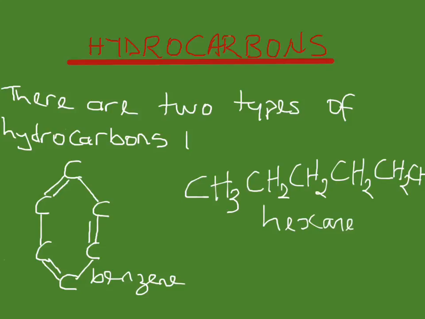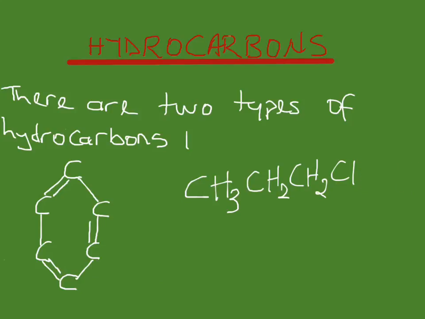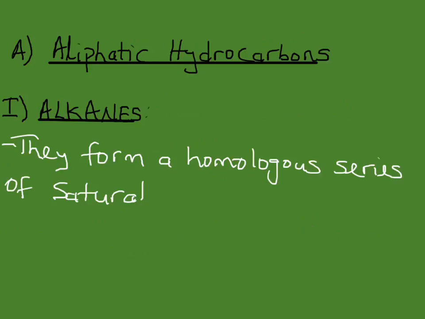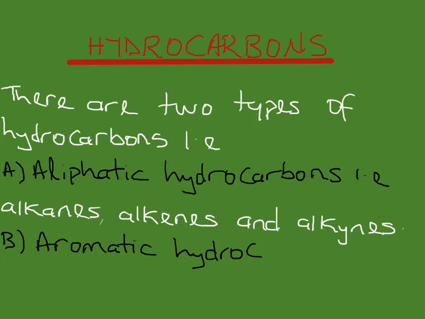Hexane is an alkane. From there, we'll be going straight into our aliphatic hydrocarbons. And under aliphatic hydrocarbons, we are going to treat alkanes, alkenes, and alkynes. But for our lesson of today, we're going to be doing alkanes.